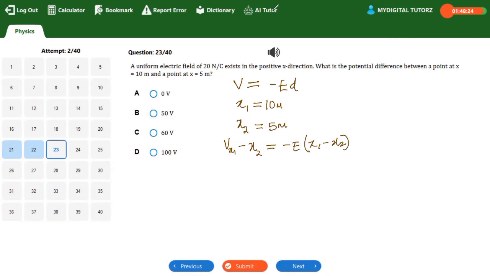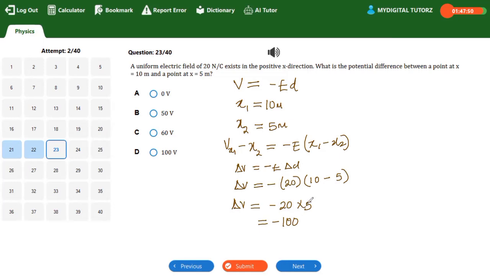So our change in potential will equal minus 20 multiplied by x1, which is 10, minus x2, which is 5. So the change in V will be equal to minus 20 multiplied by 5, which will give us minus 100.